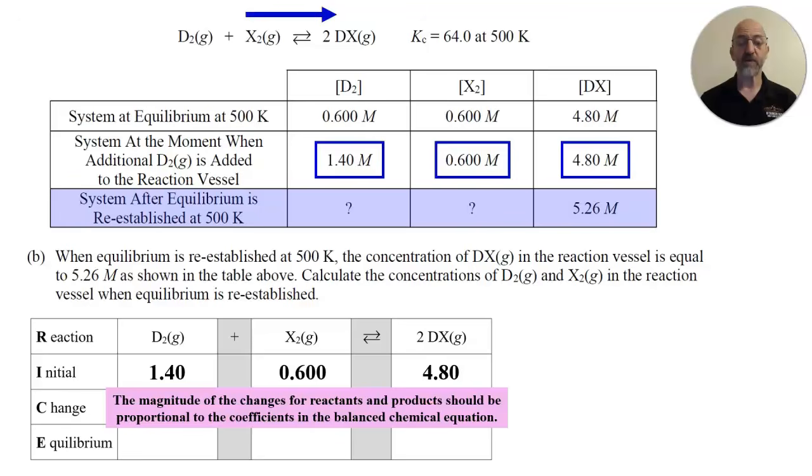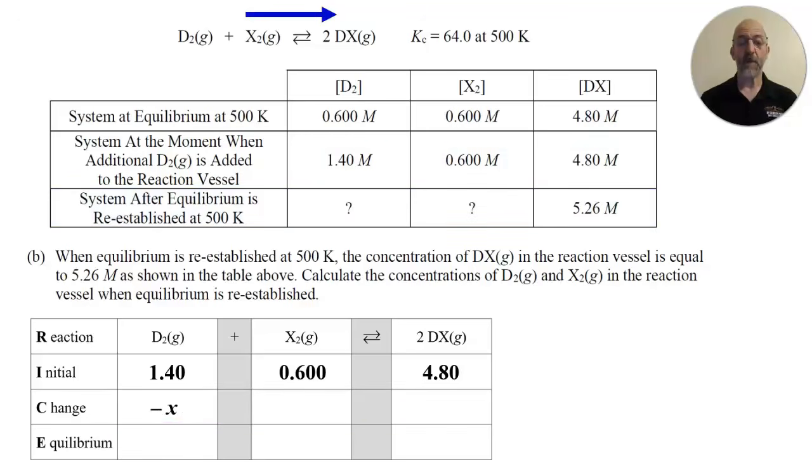From left to right, that would be 1, 1, and 2. So I would expect that the change would be in terms of x, x, and 2x. So minus x, minus x, and plus 2x represents the magnitude of the changes with respect to this net conversion from left to right as the system reestablishes equilibrium.